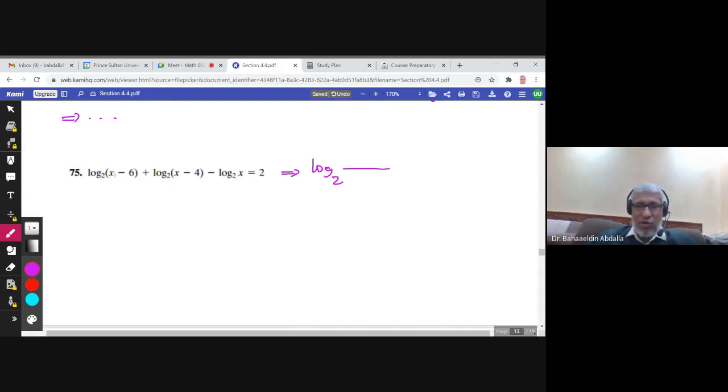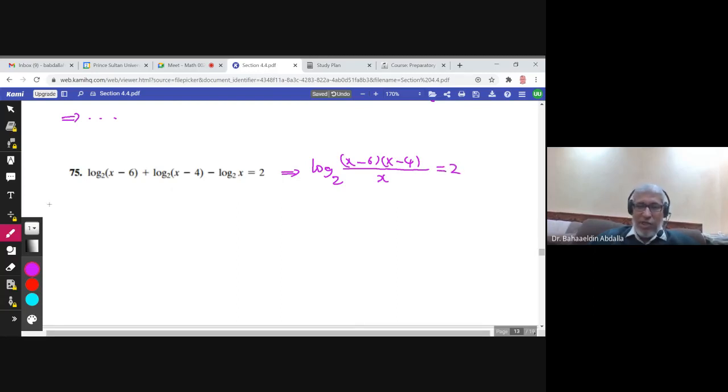What should you do? I have x minus 6 with a positive coefficient, so it should be up in the numerator. I have x minus 4 with a positive coefficient, so it should be up in the numerator. I have x with a minus sign before the log, so I have x below here. That's the product and the quotient rule together, equals 2.